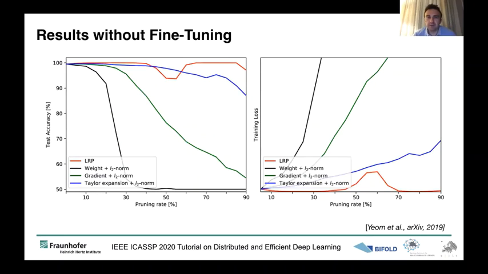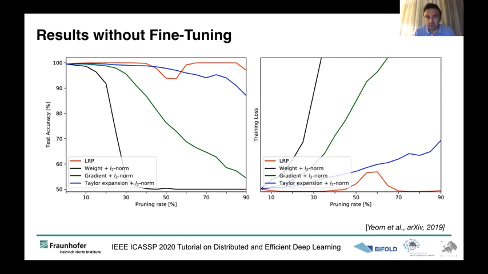In some other experiments which we did without fine-tuning, you see that the LRP solution, the red line, is much more stable, whereas the other criteria, weight and gradient, really fail. Taylor expansion is also quite okay.